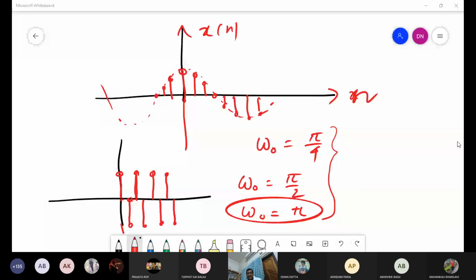So you have to revisit whatever you have learned in the mathematics subject. Fourier transform, Laplace transform, Fourier series, once again, you recapitulate this from the mathematics books.